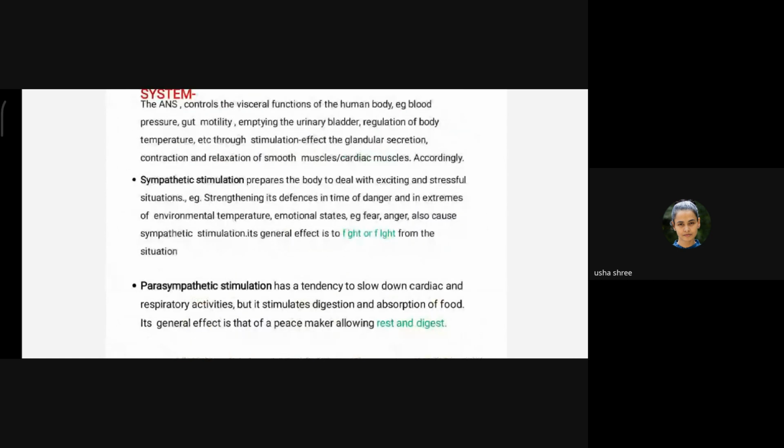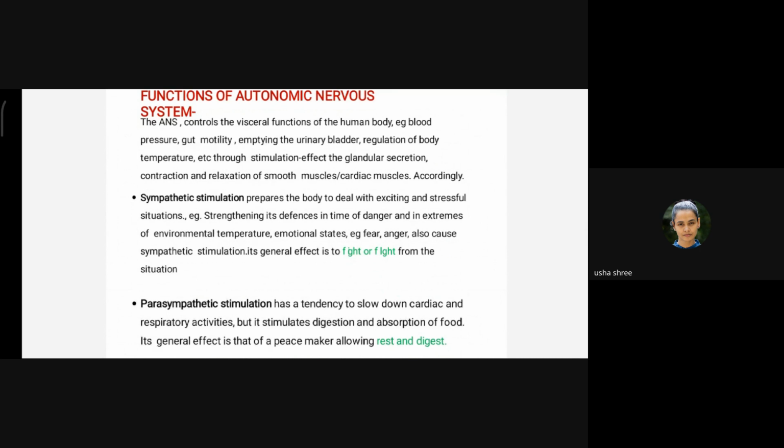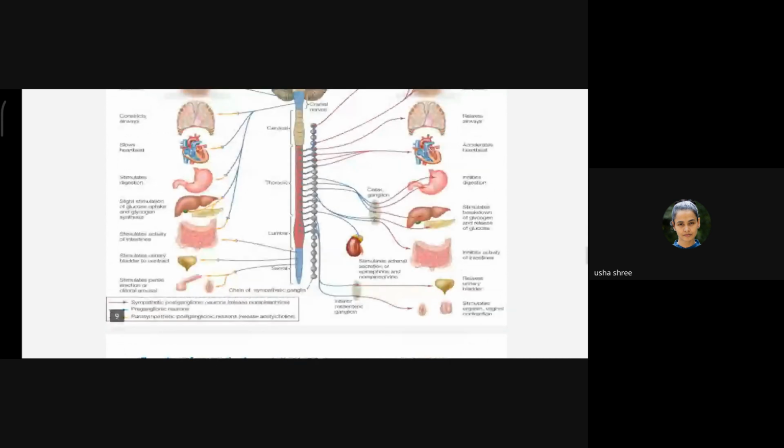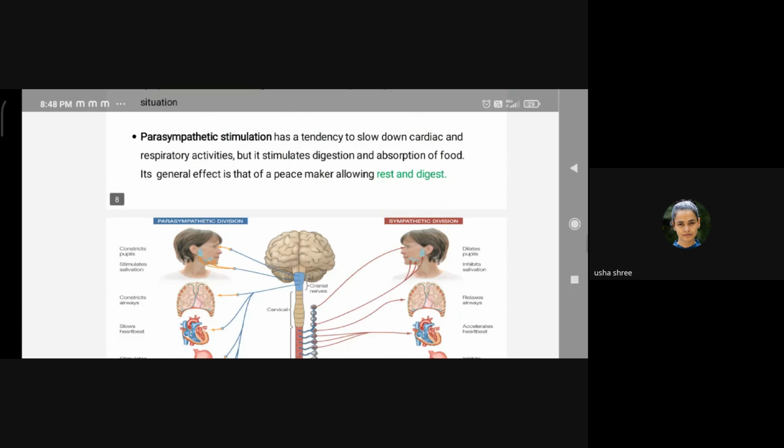So where were we? In functions of the autonomic nervous system, right? When sympathetic activation is there, then we can see these changes in our body, like a fight or flight situation. The right side of the screen is depicting sympathetic activation, and the left side is depicting parasympathetic activation.